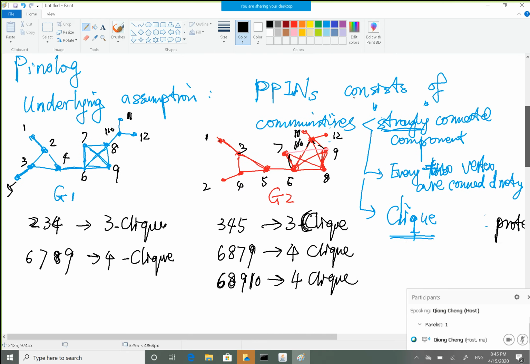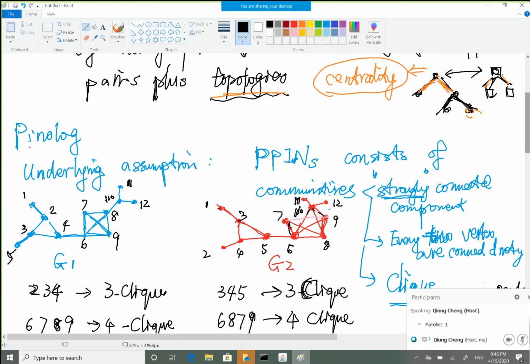Okay, so first let's check any pair of vertices. Let's say this is VI and this is VJ, right? Let's use the same notation as the paper mentioned, and treat this one as AI.